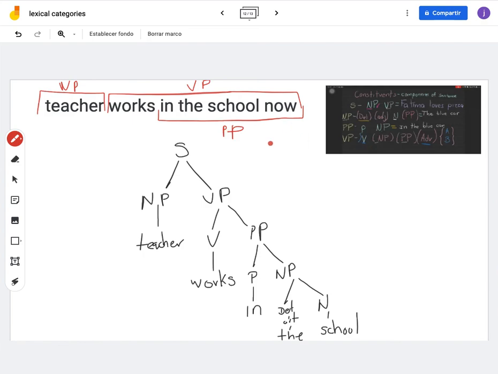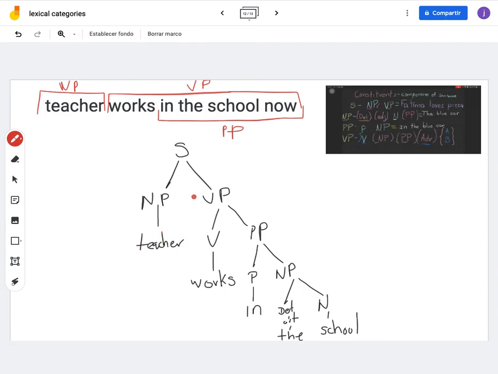And we have the same. So first, sorry, we put the letter S, and after we put two lines, by this side we put NP, that means noun phrase, and the noun phrase contains a noun that in this case is teacher.